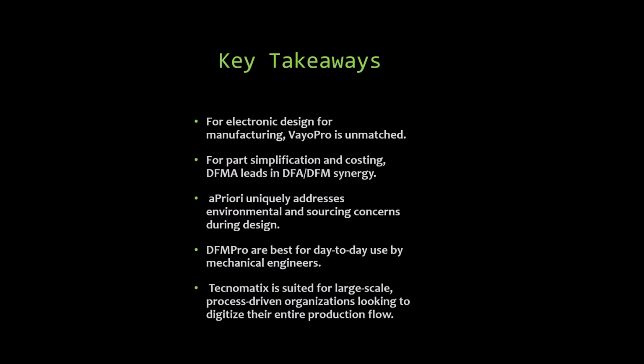The DFMA is all about design simplification and cost reduction. It helps teams cut part counts and assembly time, perfect for redesign efforts where lowering labor and tooling costs is a priority.